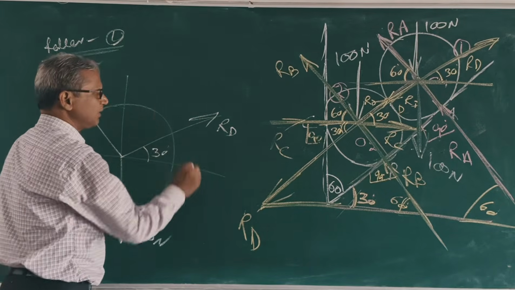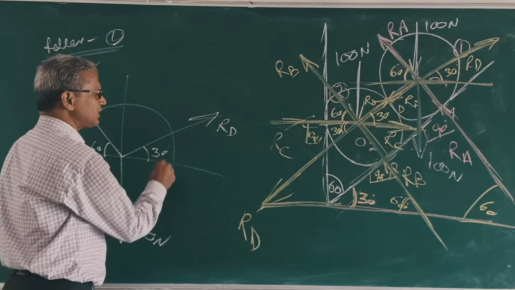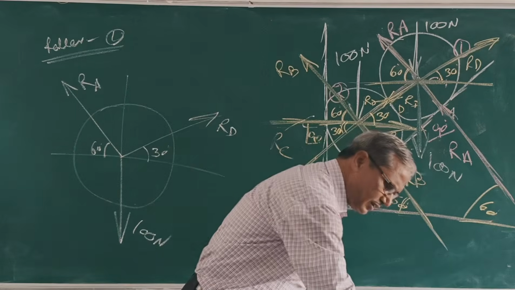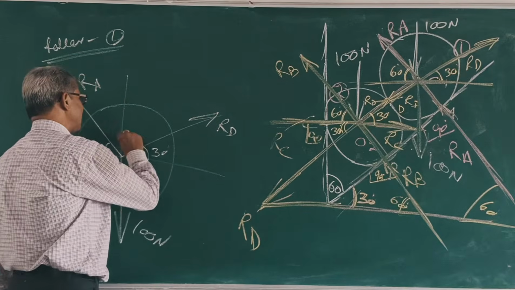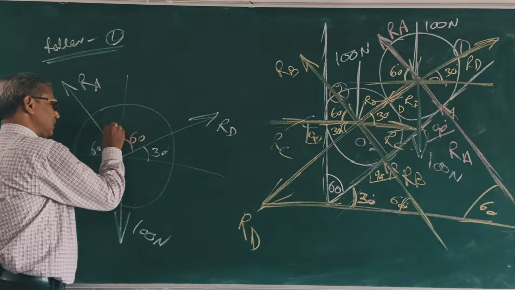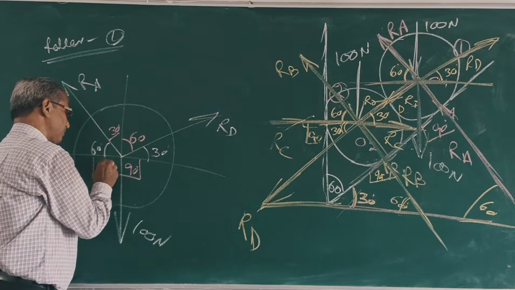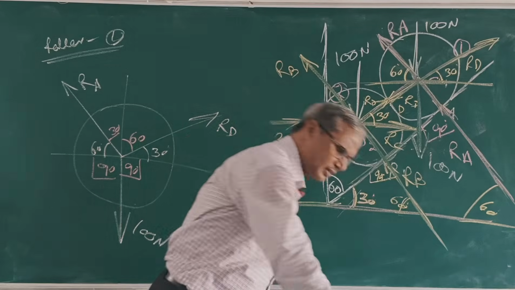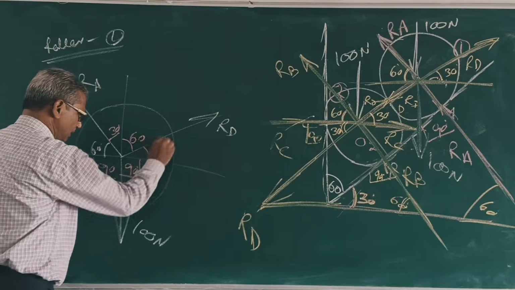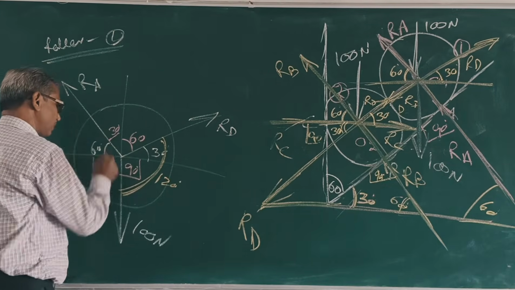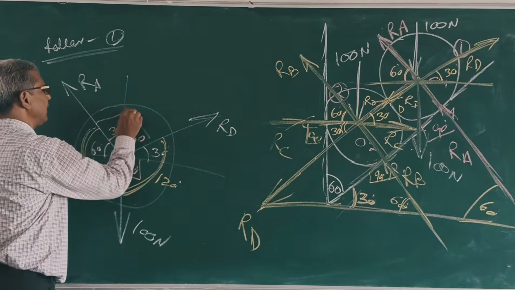This angle is 60 degrees. What is this angle? 90 degrees. Now what is this angle? 120. What is this angle? 150. This angle is 90. Clear?